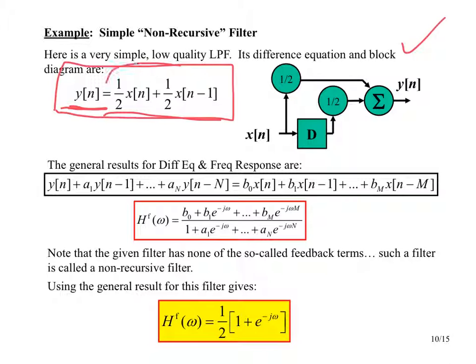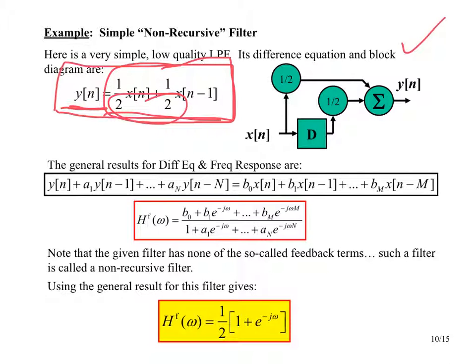Another thing to notice is that what's really happening is each output sample is an average of the current input sample plus the most recent past input sample. So we add them together and we divide by 2 is effectively what we're doing. And since averaging is kind of a smoothing effect, we expect that this will suppress high frequencies, high frequency noises and things like that.